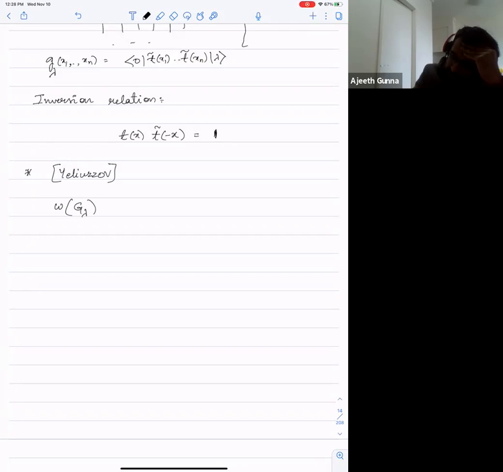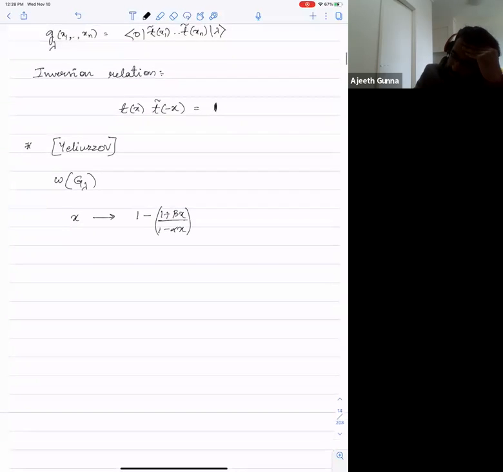What he said was, start with Grothendieck polynomials and do a slight change of variables, which is (1 minus 1 plus beta x) over (1 minus alpha x). After this transformation, let me denote those polynomials by g of alpha comma beta of x.